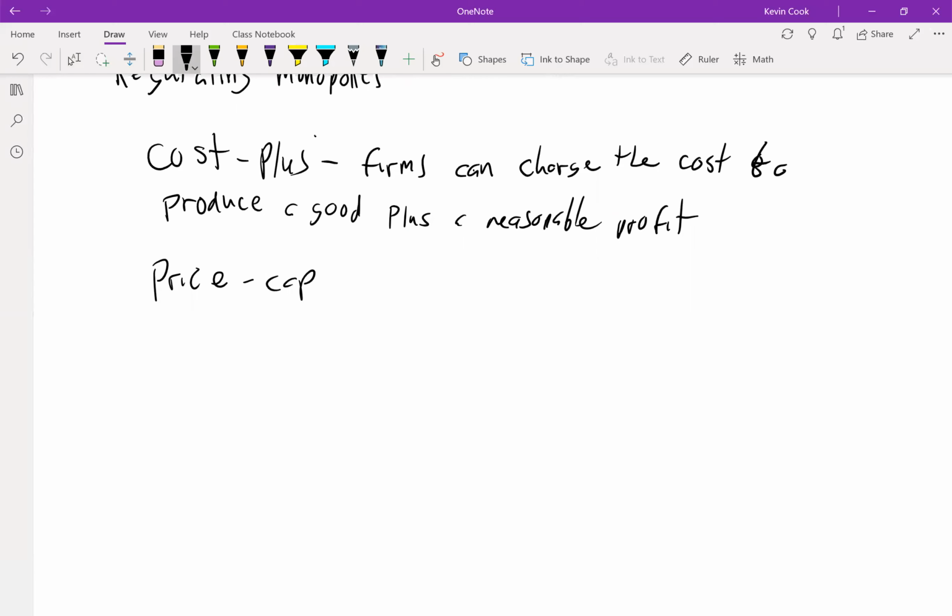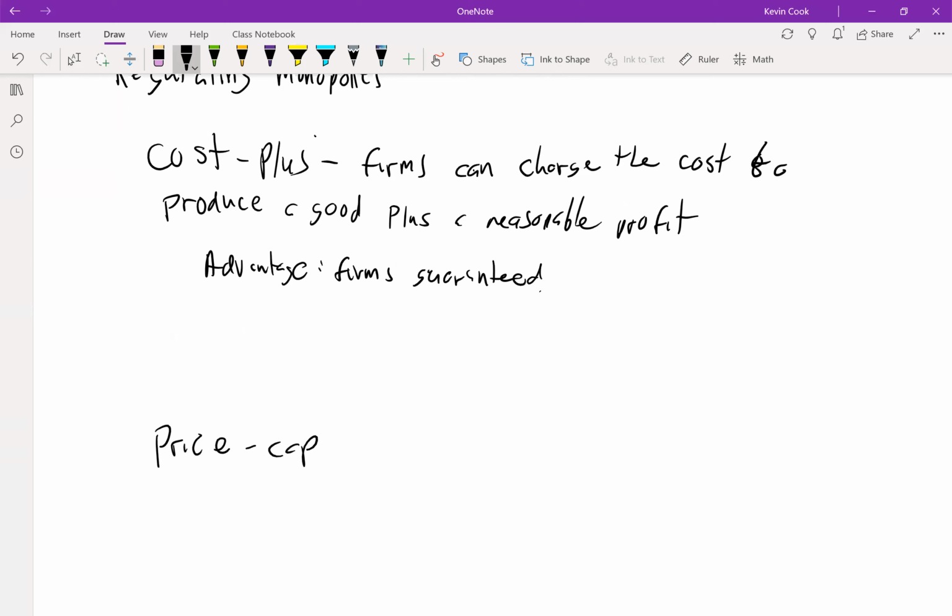And with our cost plus, what we saw was the advantage of this is going to be that firms are guaranteed that reasonable profit. They're guaranteed a reasonable but not exorbitant profit.